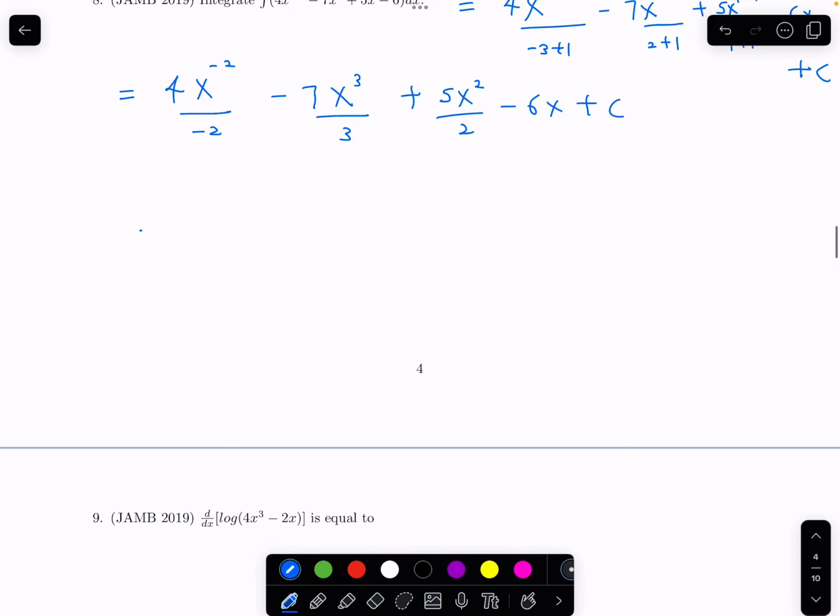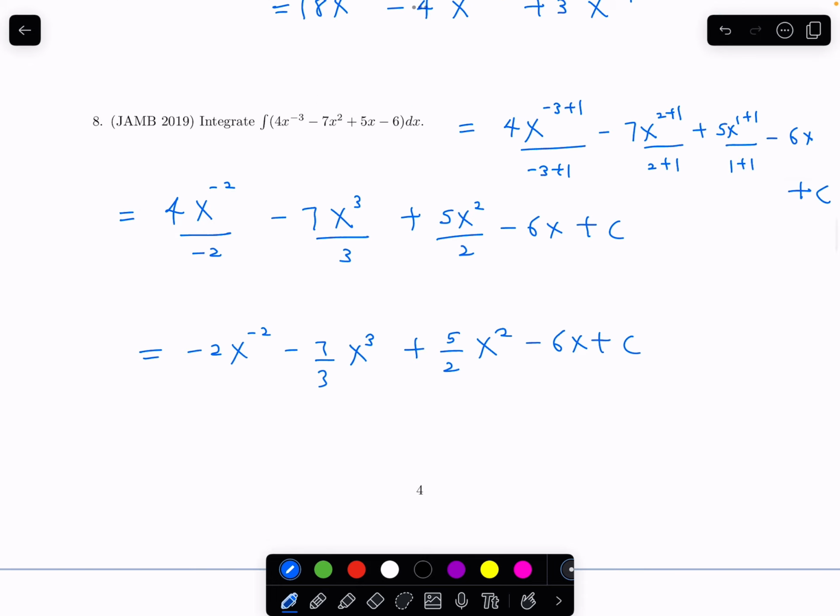If you simplify this further, you get negative 2x to the power of negative 2, minus 7 over 3 x to the power of 3, plus 5 over 2 x squared, minus 6x plus c. And that's going to be the solution to that problem.